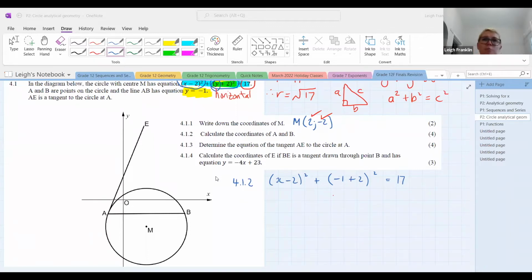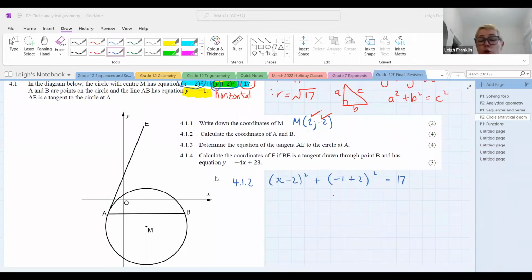So we know that B has got to be bigger than 2. A is a point in the third quadrant where x is negative. So we are expecting a negative answer and a positive answer that is bigger than 2. So we're never ever working in the dark. If we understand what it is that we are doing, then there's always a reasonable expectation as far as our answer is concerned.